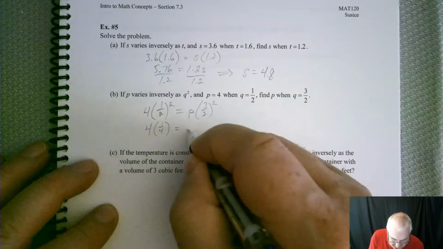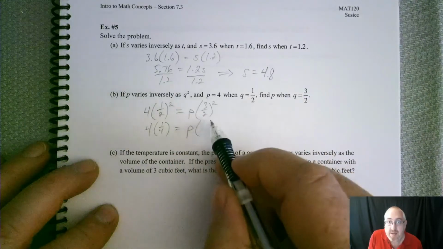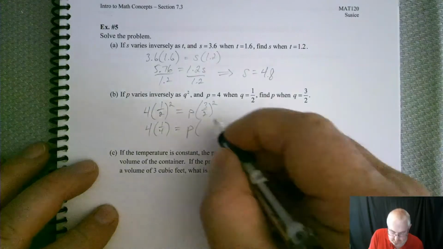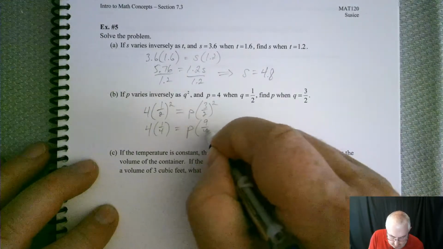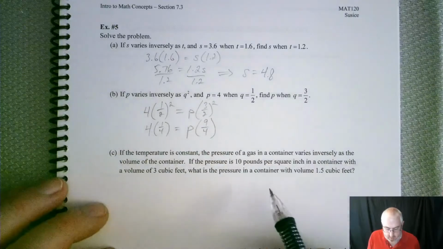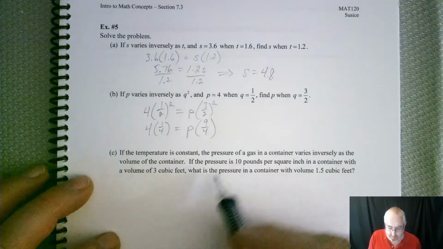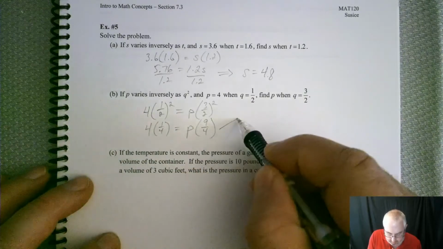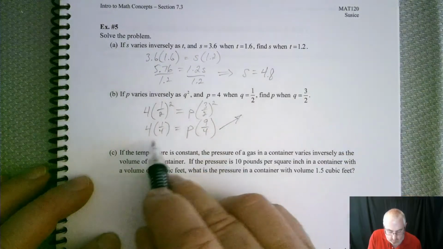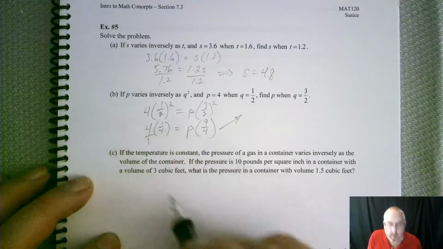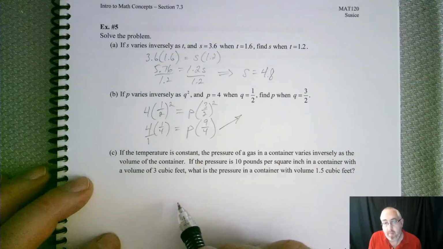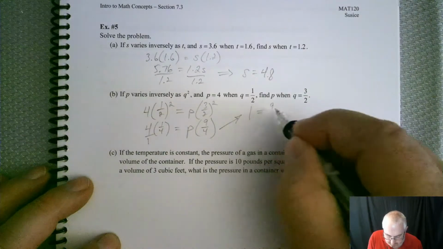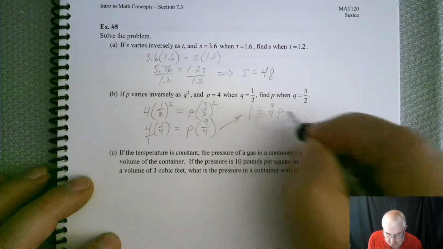And on this side, 3 halves times 3 halves. So what's that going to be? Should be 9/4. Yeah. Okay, I'm going to do a little bit of simplifying over here. So 4 over 1 times 1 over 4, that better be just equal to 1, right? And I'm going to flop the 9/4 in front of P.